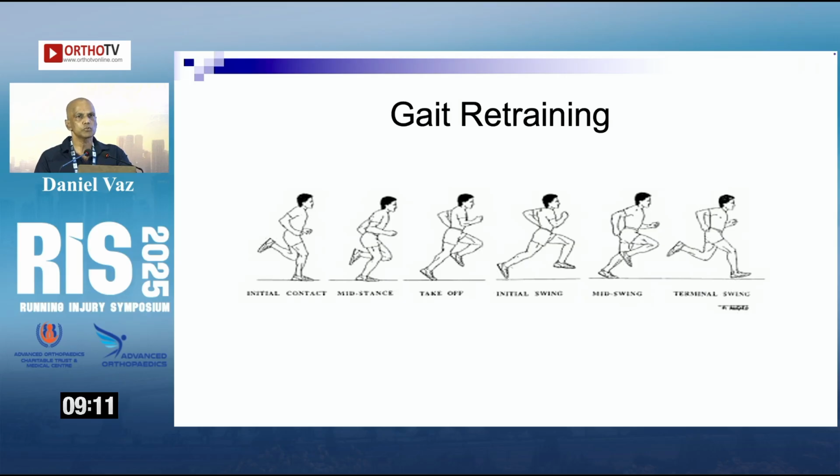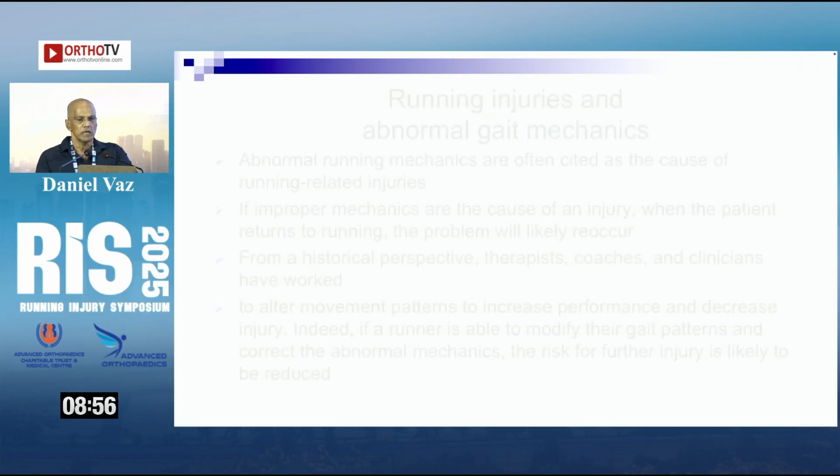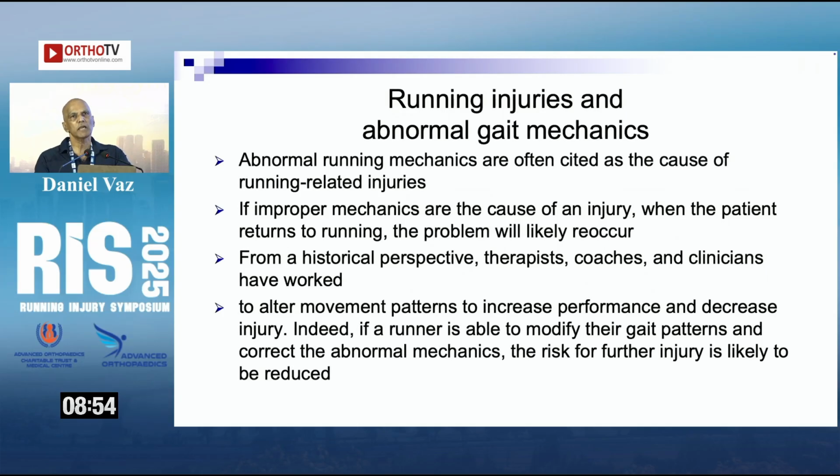Then there are issues pertaining to running shoes, the most neglected cause of running injuries. And amongst all these, if you really see, it is the gait. Running gait is a prominent cause of running injuries amongst runners.